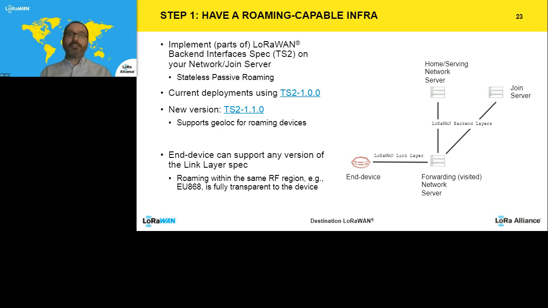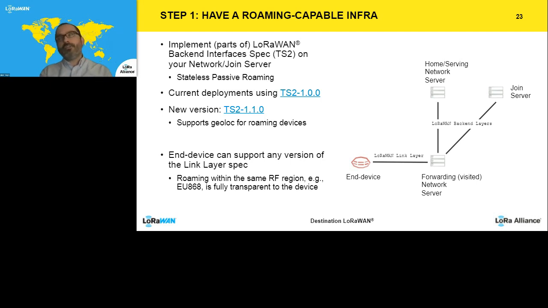Well, recently, around two months ago, we have published a new version of this specification that comes with the support for geolocation, even for roaming devices. Right now, the industry is working on implementing this version of the spec.